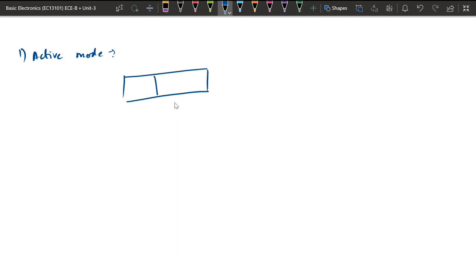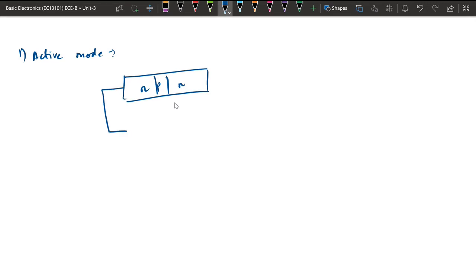So we will go with the case, if it is active mode, what should be the configuration? Suppose this is an NPN transistor. In active mode, the emitter junction will be forward bias.